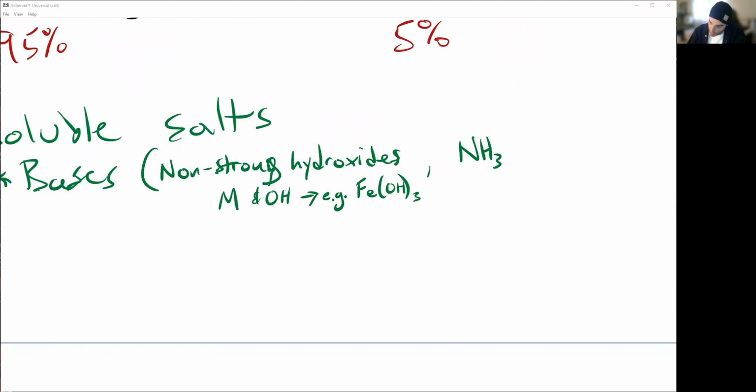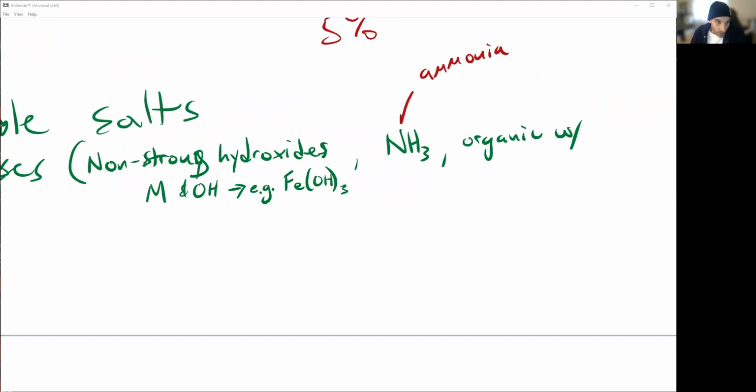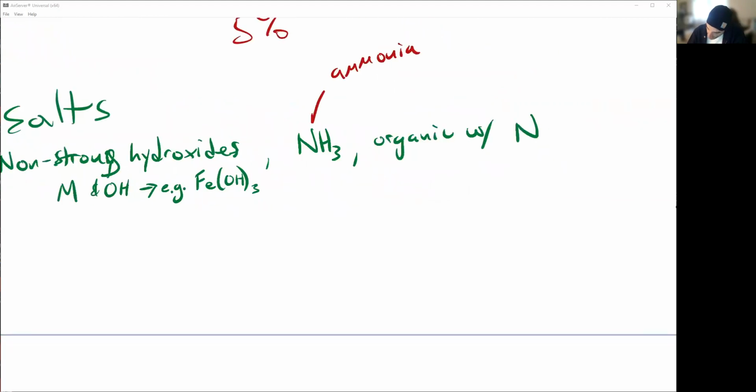The other popular one is NH3. This is kind of the go-to. This is ammonia. And any organic with nitrogen, some nitrogen NH2.